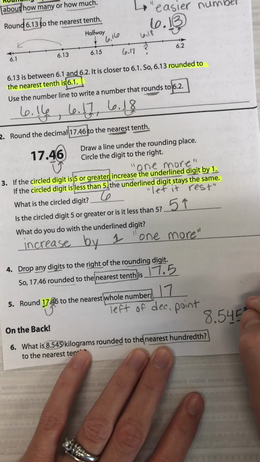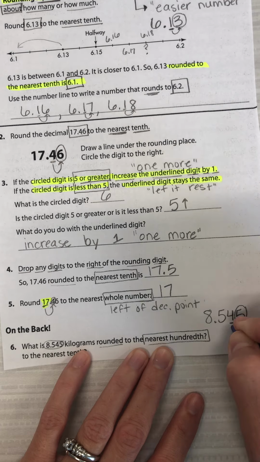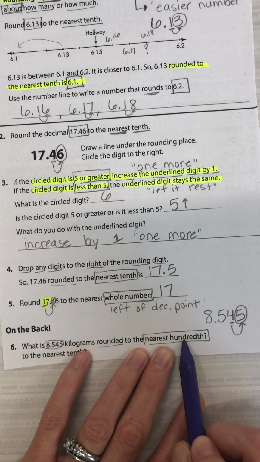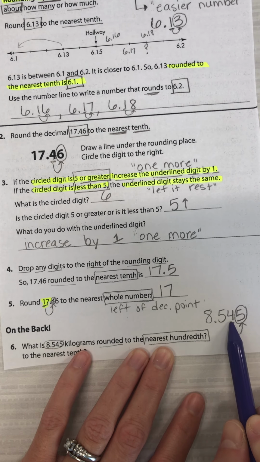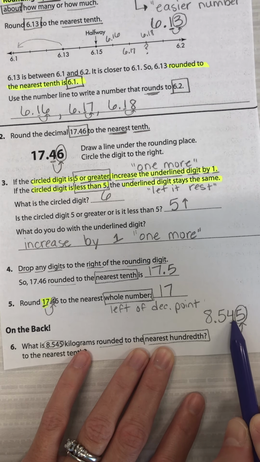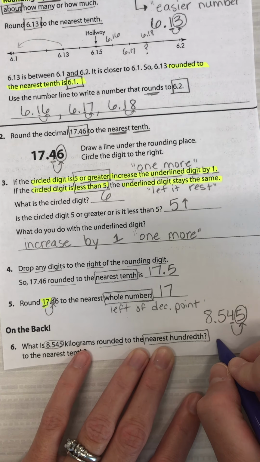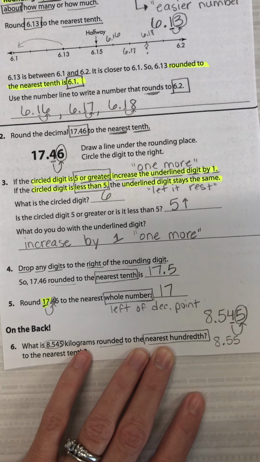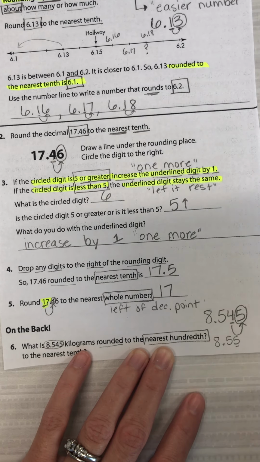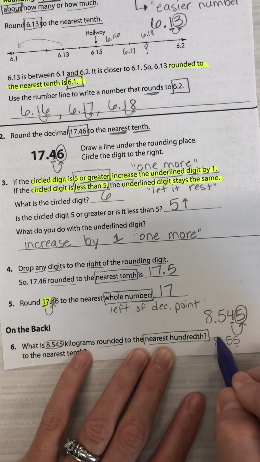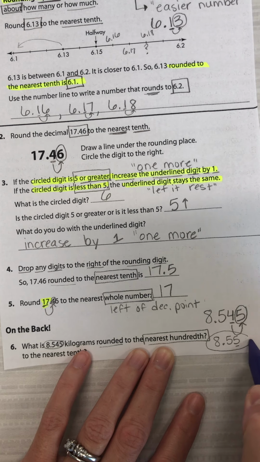We're going to circle the guy to his right, which is a 5, and we're going to remember he's my buddy. So if we're rounding to the nearest hundredths, we've got to change this guy or keep him the same. It depends on what his buddy says. So since 5 is 5 or more, I'm going to go one more. So this would be 8 and 55 hundredths. We would stop here. Rounded. So this would be my final answer.